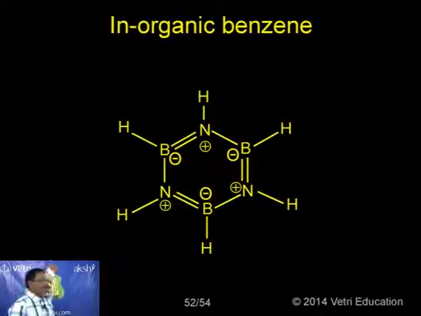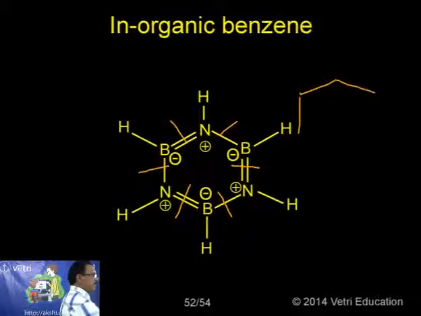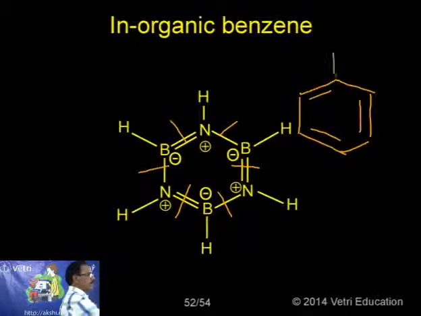Just see the structure of inorganic benzene. Can you see here? It is alternating, just like benzene: single bond, double bond, single bond, double bond, single bond, double bond. Just like benzene. In all the cases, hydrogen is there. This is the benzene structure.